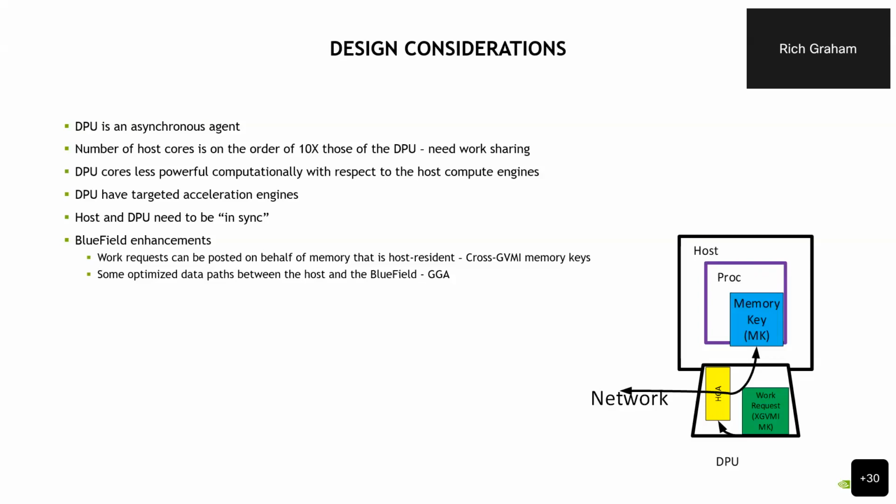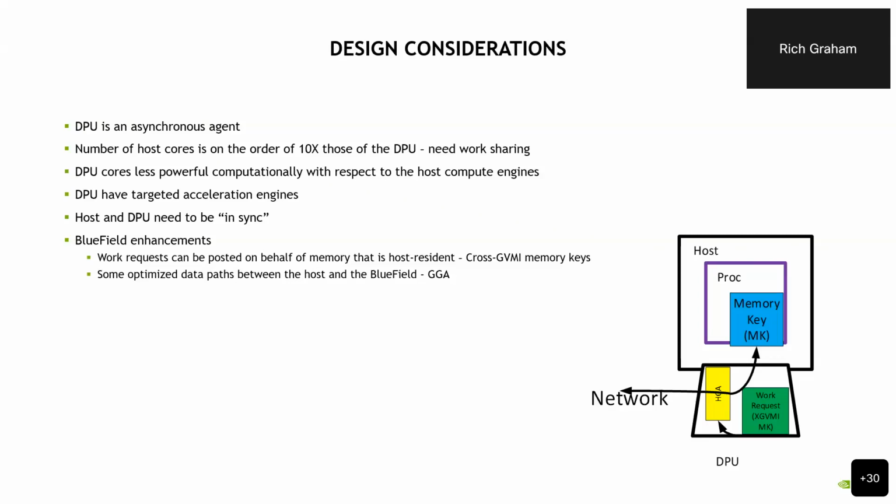Another thing to take into account is typically, this is sort of a rule of thumb that I like to use, the number of host cores that the DPU supports is roughly an order of magnitude larger than the number of ARM cores the DPU has. So there's, by definition, work sharing, right? The factor of 10 comes from the DPU.